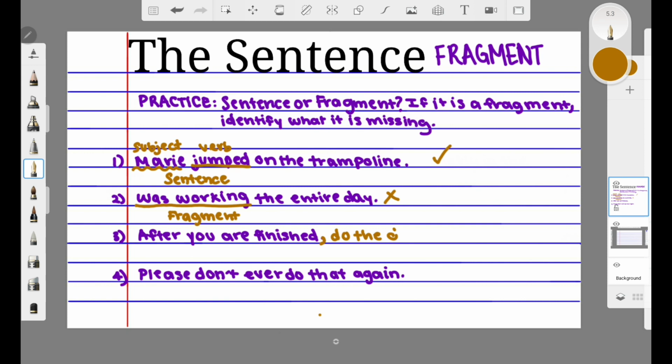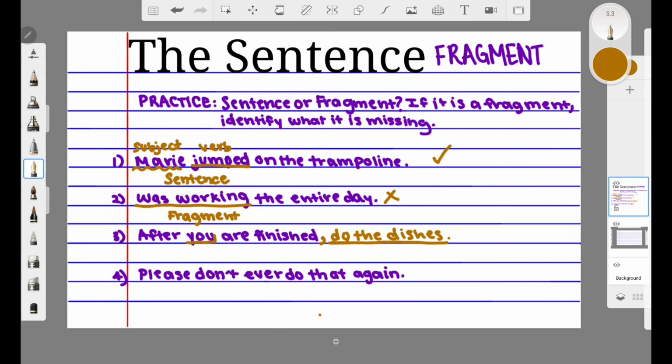Do the dishes. All right. So if we look at it now we can see that doing the dishes would be our actual verb. It wouldn't be finished. That's why this one is a little confusing.